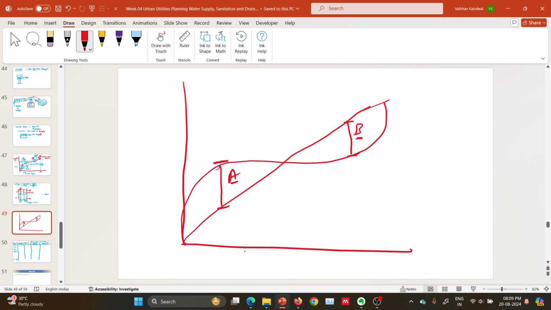So A plus B should be the total capacity of the reservoir in terms of fluctuation. But in addition to this, we have some extra storage for the fire demand and in case of emergency also. We have two more things to add in the service reservoir formula or the volume requirement.